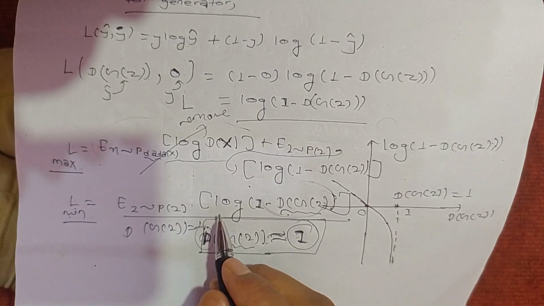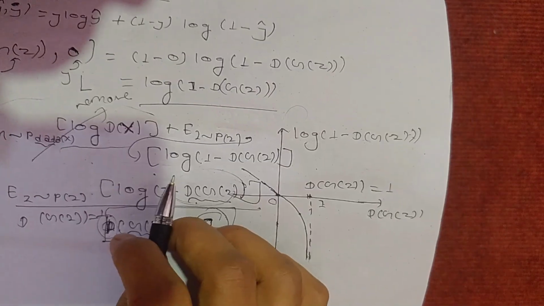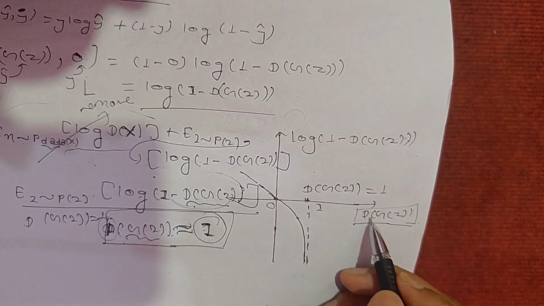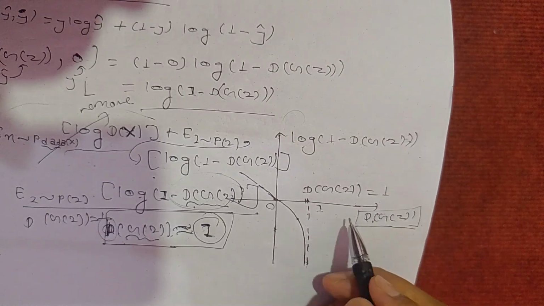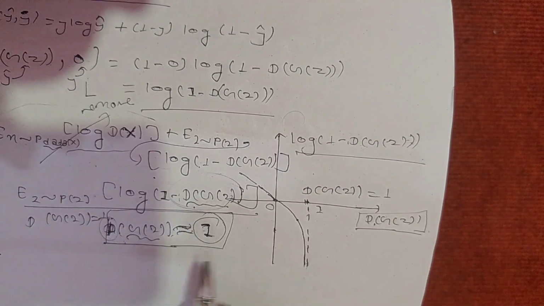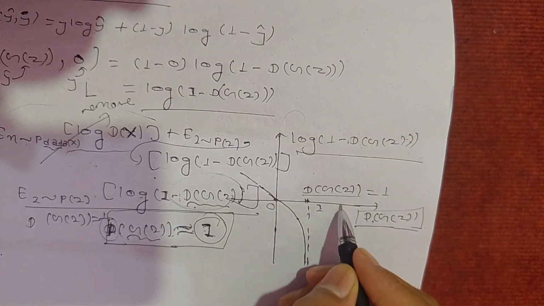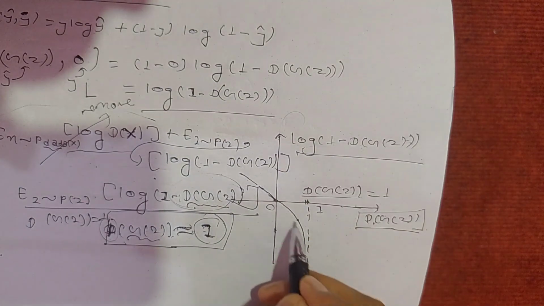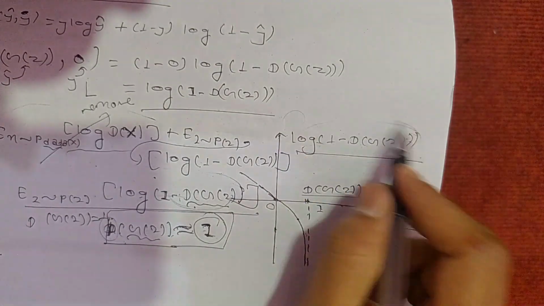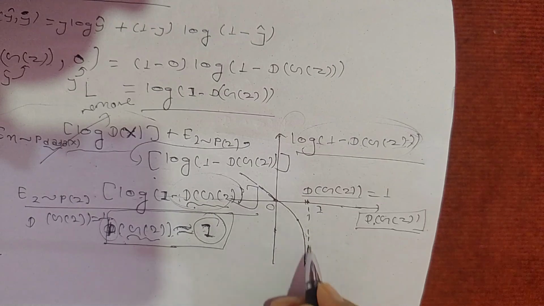Because log is a monotonic function, let's see it graphically. I have plotted D of G of z along the x-axis, and the objective is this curve along the y-axis.